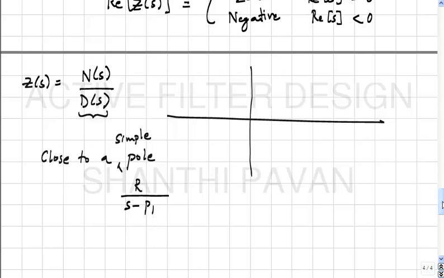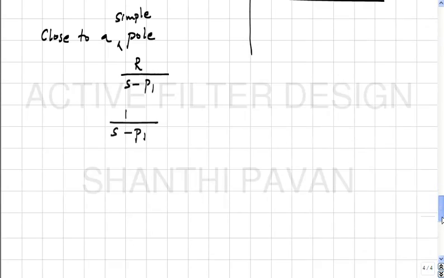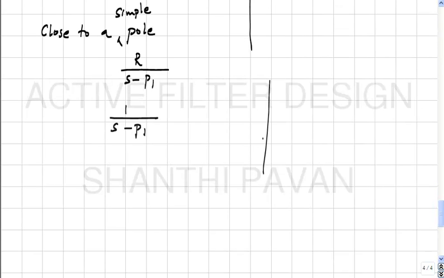Okay. Now let's consider the behavior of 1 by S minus P1 in the neighborhood of P1, right? So if S is very close to P1, geometrically where can I draw S? Somewhere, for example, here. What is S minus P1?